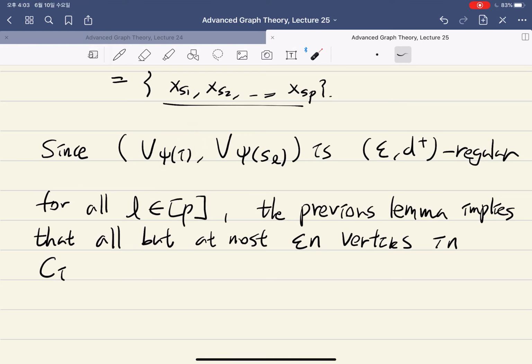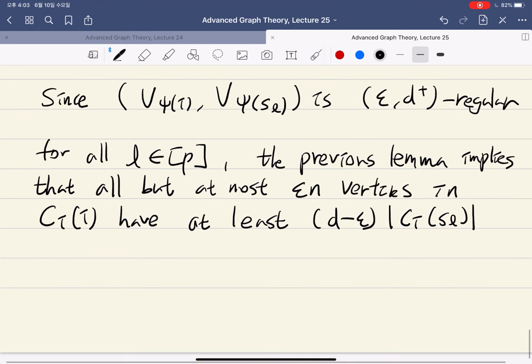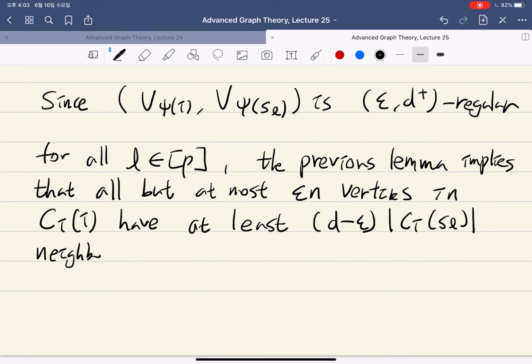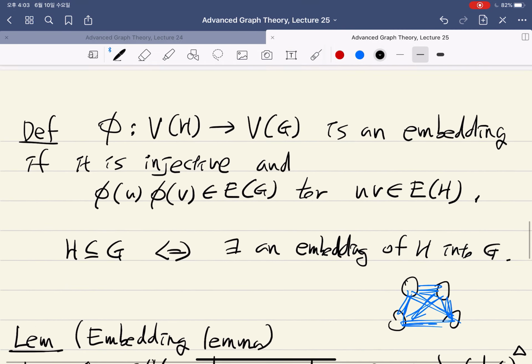That means at most that many vertices in this current candidate set have low degree. So the rest of them have at least d minus epsilon times |Ci sl| neighbors in Ci sl. So we actually apply the lemma.